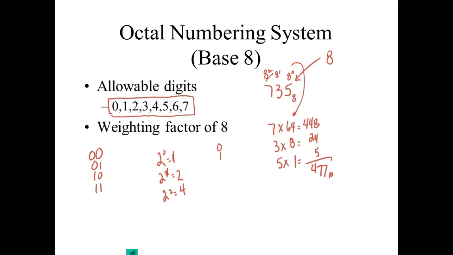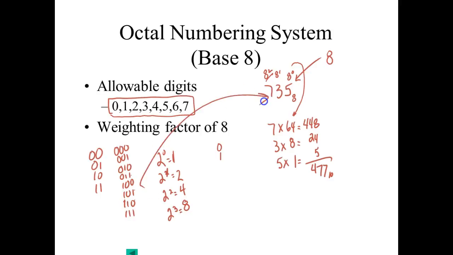Y'all follow this? 2 to the third: how many combinations can I represent with 2 to the third? 8. What are they? 0, 1, 2, 3, 4, 5, 6, 7. That's 8 combinations.